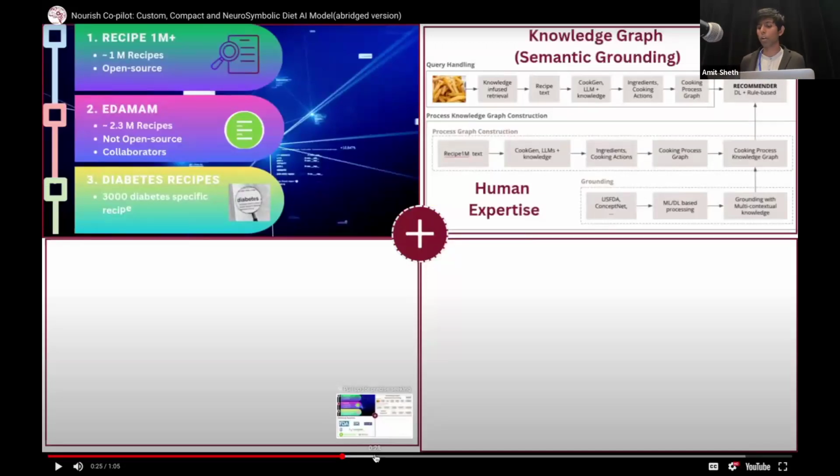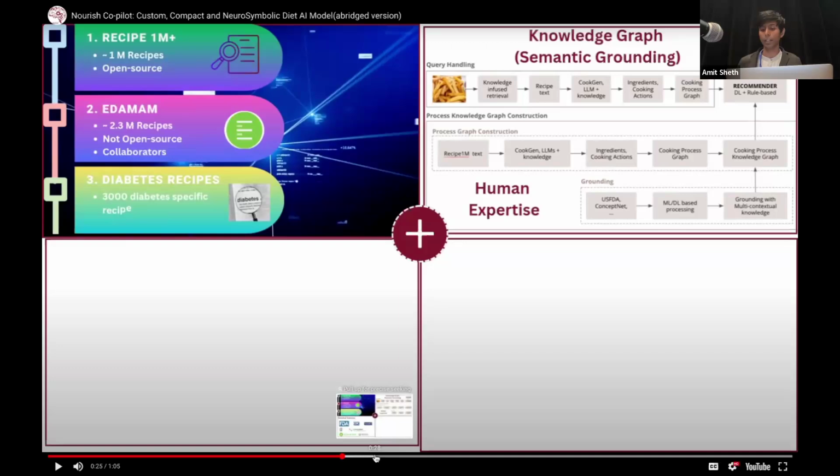Yeah, so this is a more concrete picture of what we have on this application so far. What we have built so far is a query handling mechanism that goes through multiple aspects of a recipe. As we do that, we construct a process graph, which takes the text-based recipe description and builds a process graph out of it. What is the procedure by which this recipe was obtained, right?